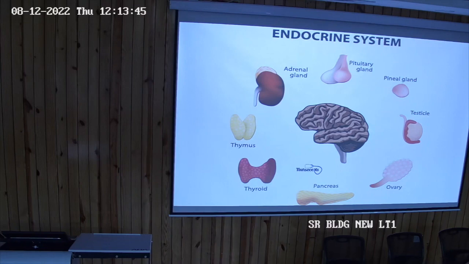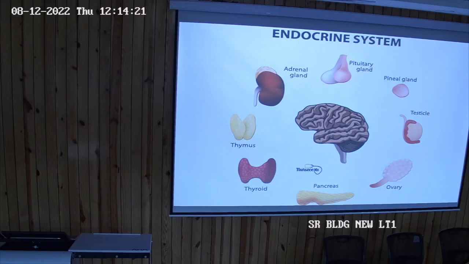Now see the hormones coming from the anterior lobe of the pituitary gland. The first is TSH, thyroid stimulating hormone. The thyroid stimulating hormone acts on the thyroid gland and controls its activities. Stimulates means it increases the activity of the thyroid gland. Another is ACTH, adrenocorticotropic hormone.